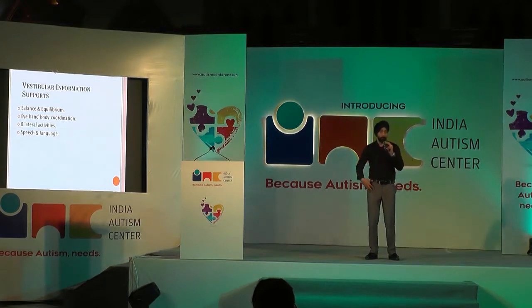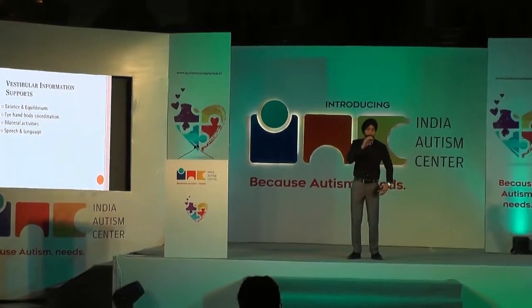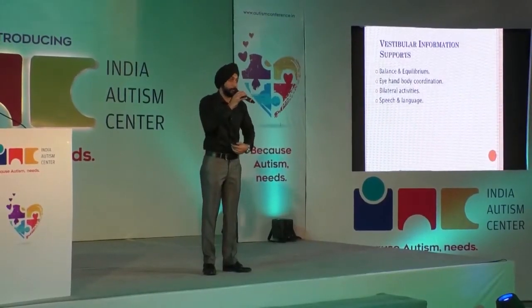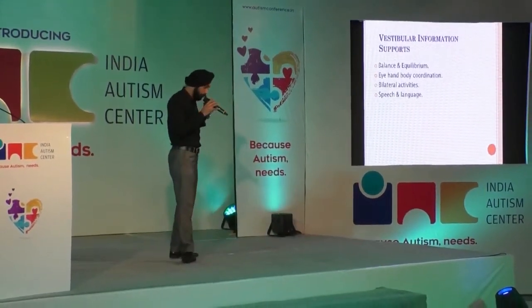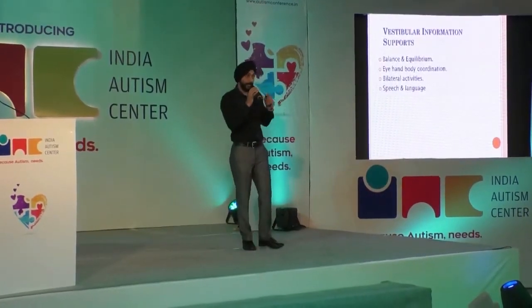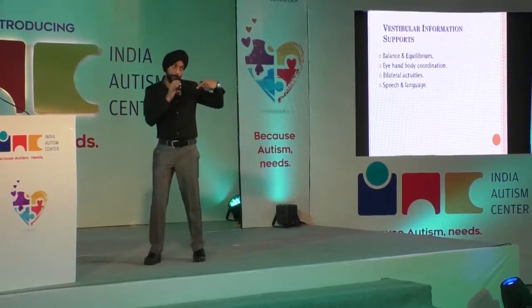If I don't have a good balance, I'll not be able to stand here and talk. So what does balance mean? Balance means if I'm standing straight, both my legs are taking weight together, and that's the reason I'm in an erect position. So if my vestibular system is not working properly, maybe I have a very poor balance, maybe I have a very poor equilibrium.